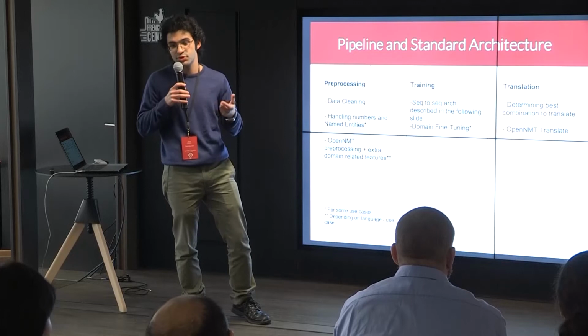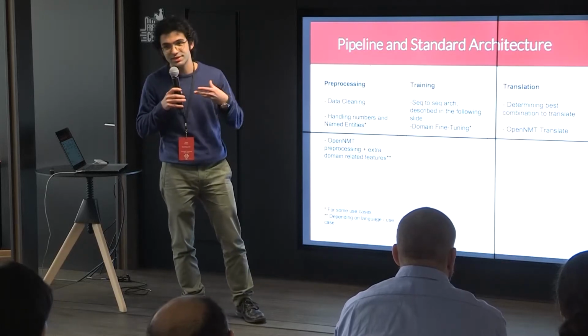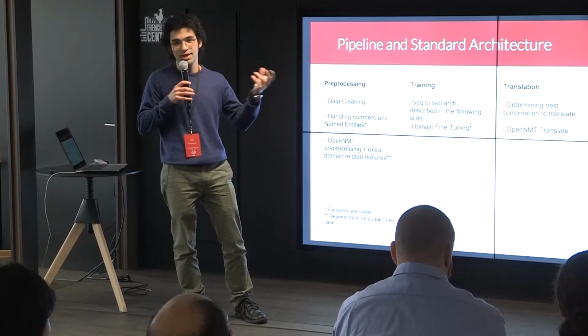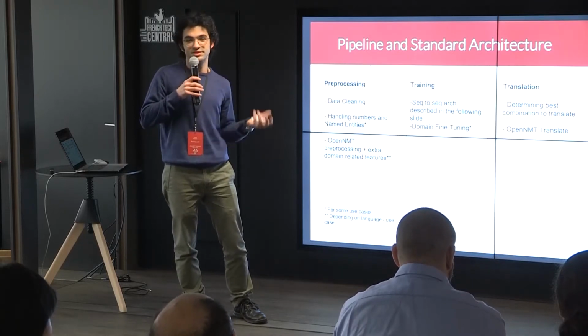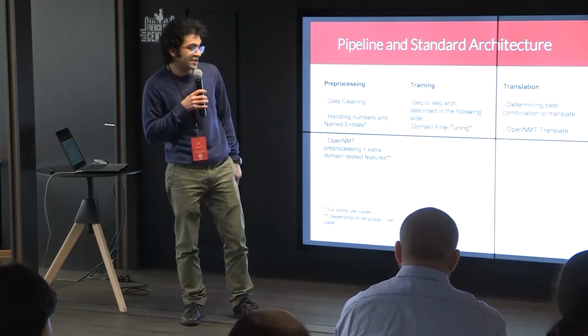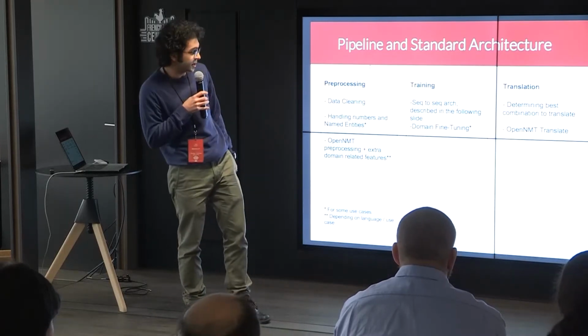So we try to make the input for the translation system as similar as possible to the similar sentences in the training data in terms of structure, and this helps boost the performance.